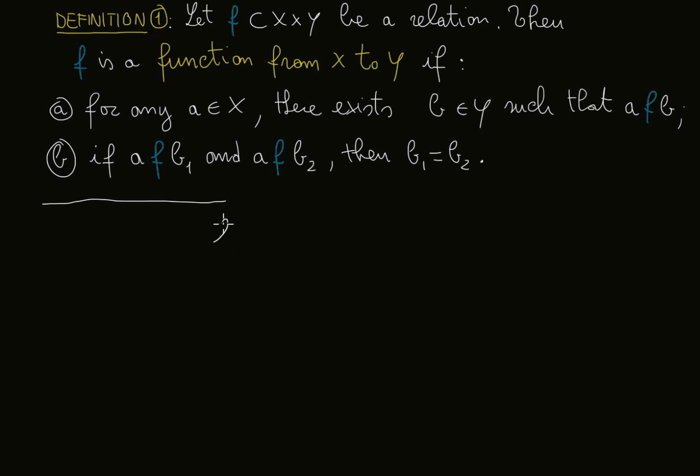So if we write f as such, so x, arrow, y, condition A simply means that for every element of x, let's call it A, I will have an image here called f of A, right?